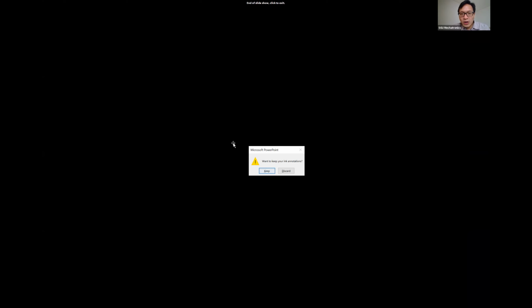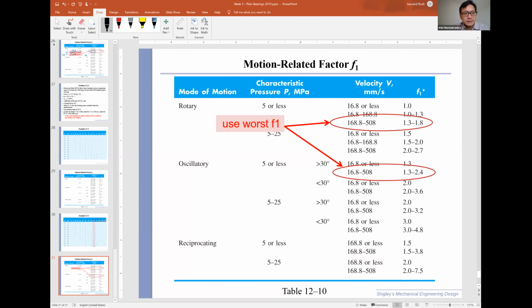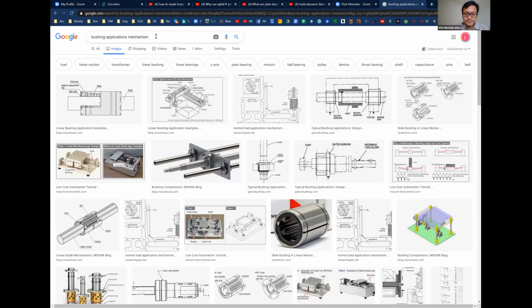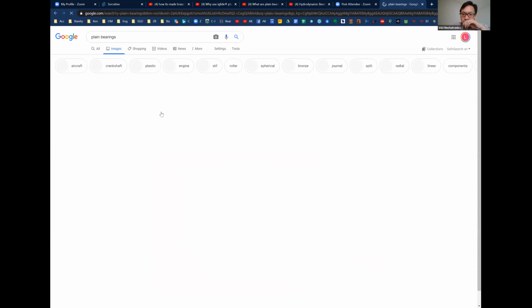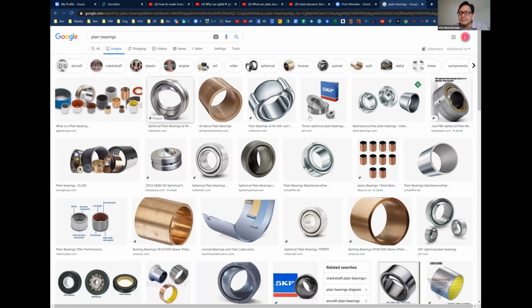I'm gonna talk about one last thing about plain bearings. Plain bearings are like this, right?